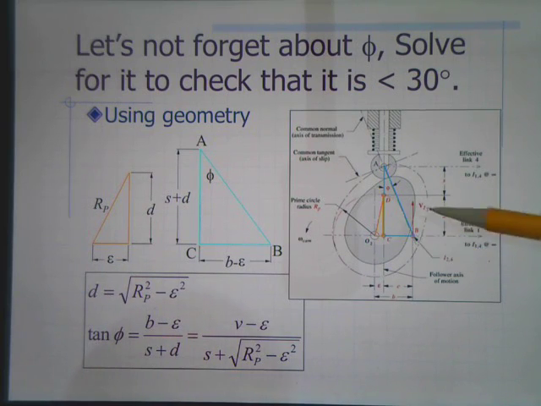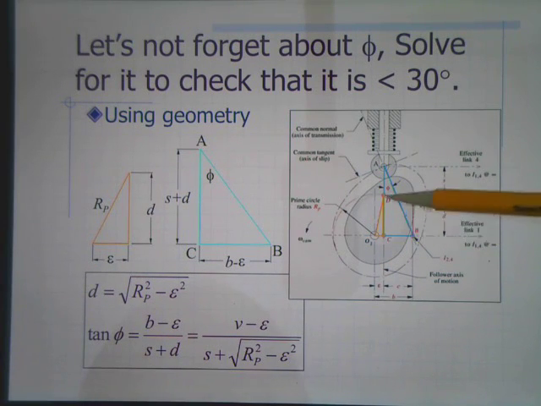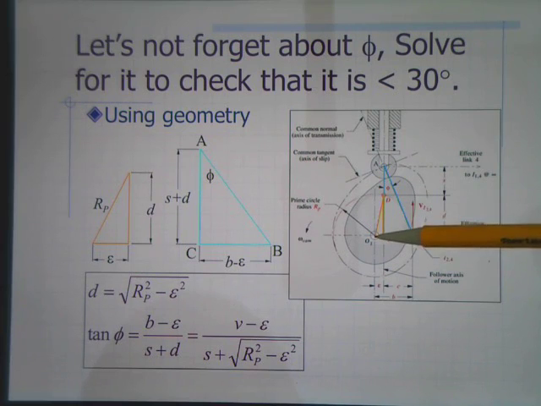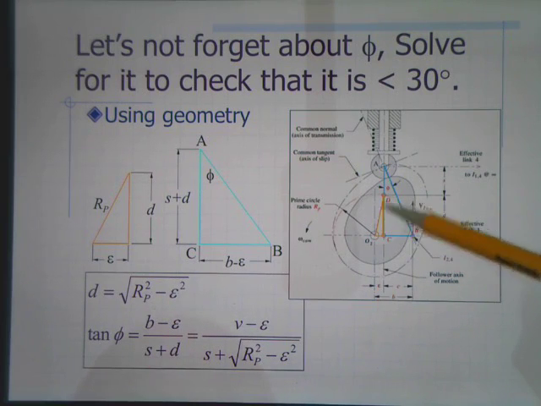Because we're talking about a distance here that is D, where this is the radius, our prime circle radius. And so if we need this side, then we have the hypotenuse, and we have the epsilon part here. So the square root of RP squared minus epsilon squared will give us this D term.